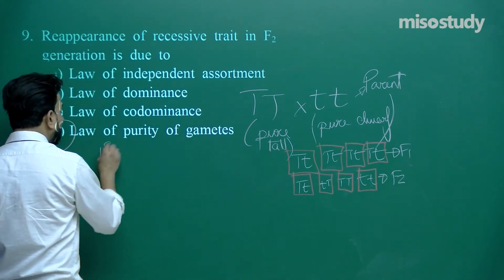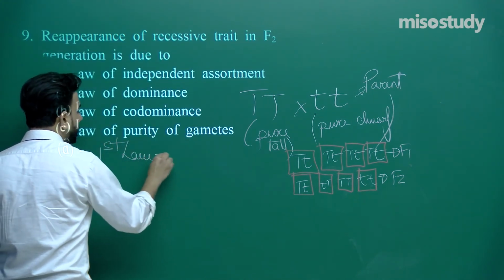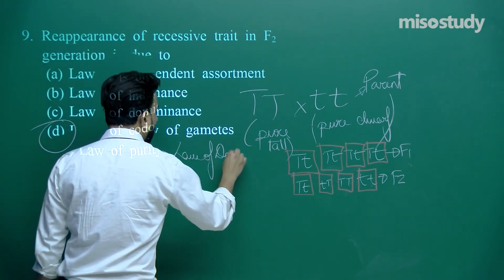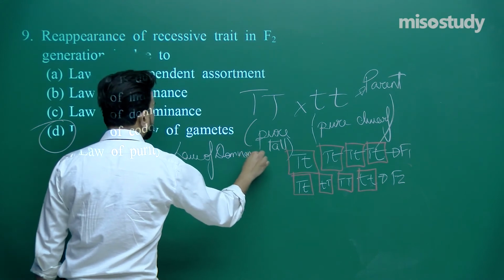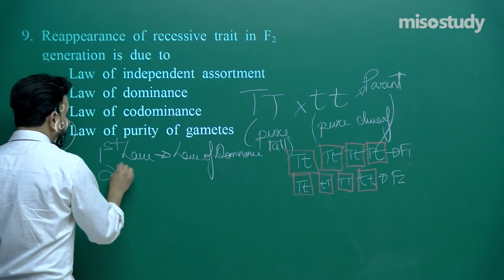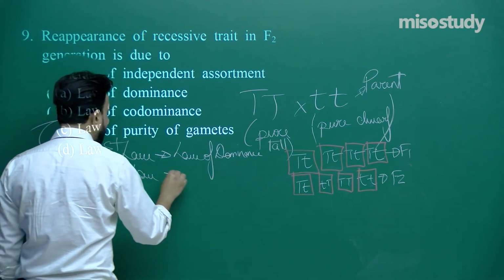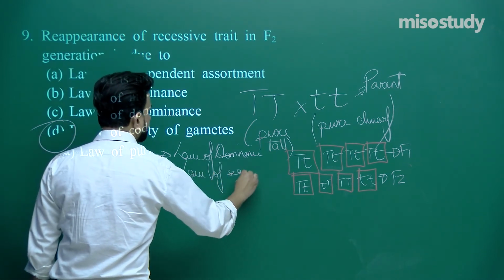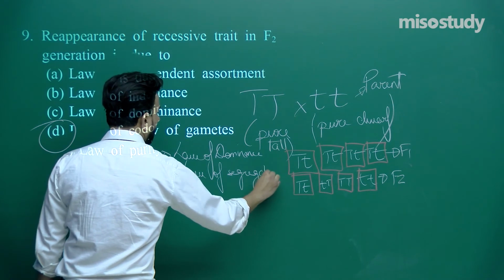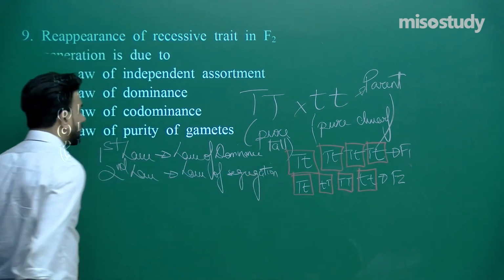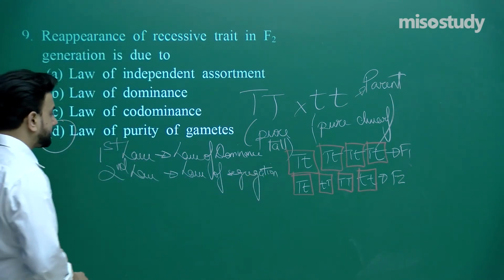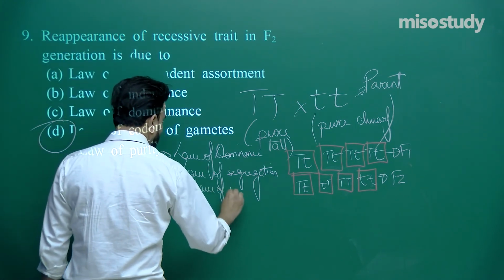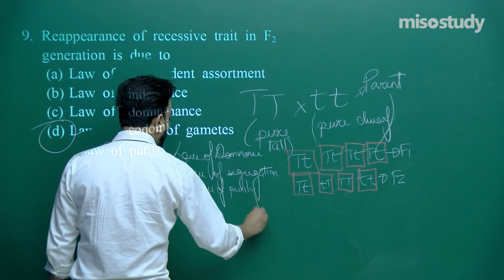We know that the first law of Mendel is called the law of dominance. The second law is called the law of segregation, or the law of purity of gametes.